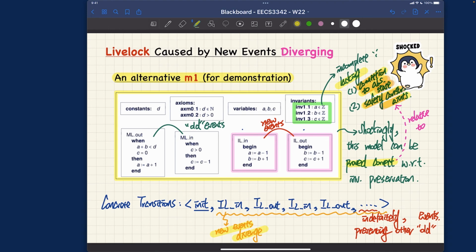Let's see that. The only thing I want to add to this context is, if you think about the corresponding abstract transitions, we got abstract transitions over here. For the inits, it has the corresponding inits. This part is good. And for all the new events over here, ILN and also ILOut, we already proved earlier that they are simulated by the skip events.